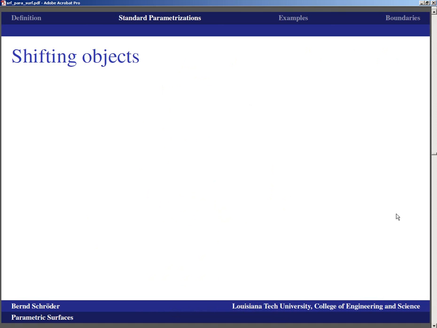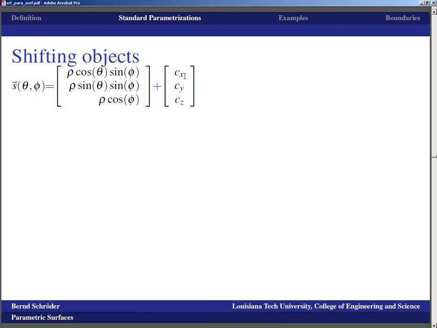And we can also shift objects around. So say I want to have a sphere, but I want it to be centered at the point cx, cy, cz. Well, if I just add a vector, vector addition just tacks a vector on and moves the object, right? So if I've got a bunch of points here, then if I tack the vector cx, cy, cz onto every one of those points, then that gives us, with 0 less than or equal to theta less than or equal to 2 pi, and 0 less than or equal to phi less than or equal to pi, a sphere that is placed at cx, cy, cz.